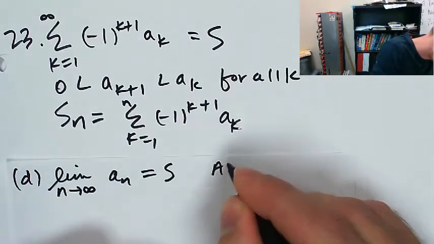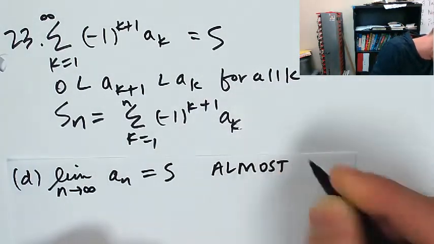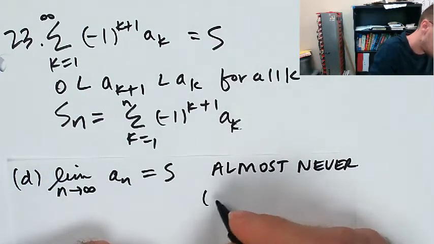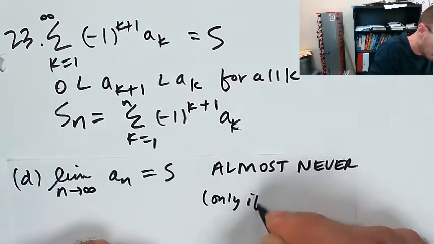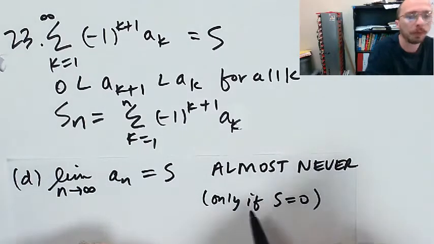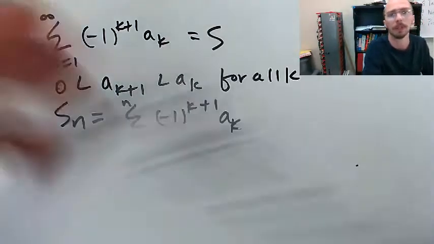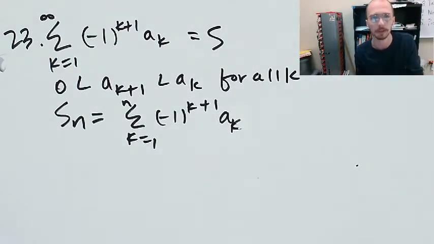So I'm going to say almost never, only if S equals 0, because we know that the limit of An has to be 0. So if S happened to be also 0, then I guess that could be true, but that seems pretty unlikely.